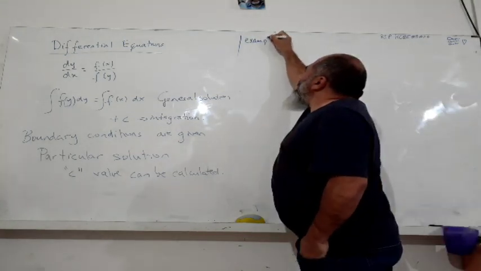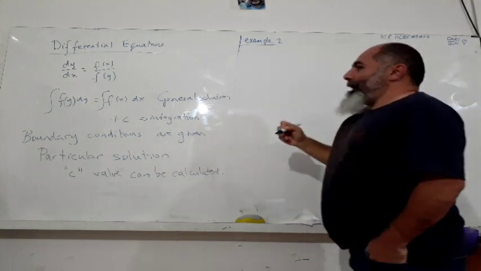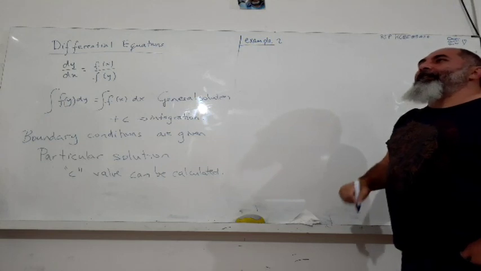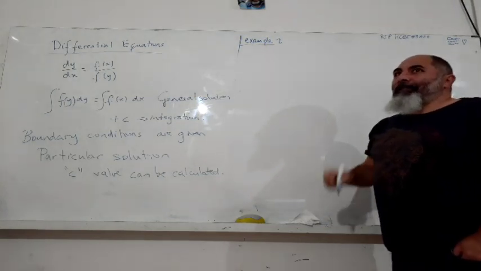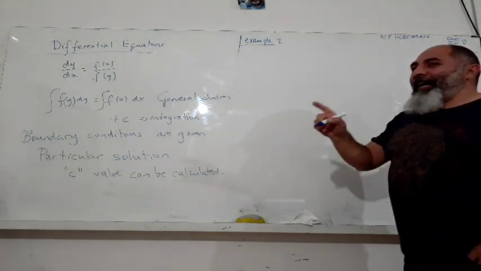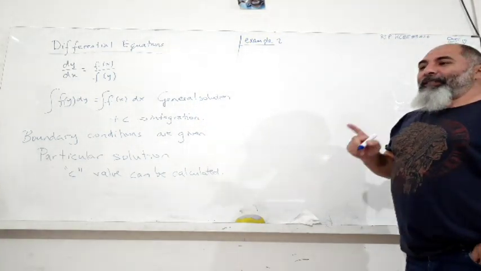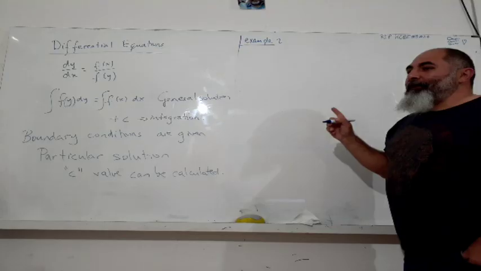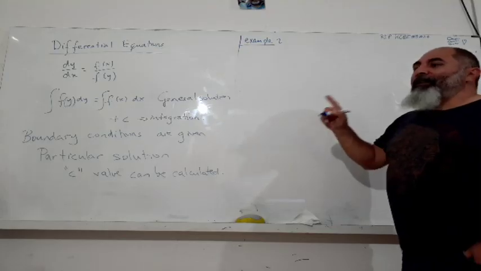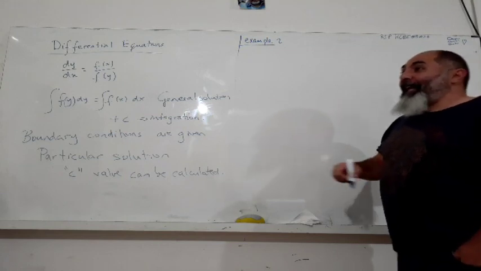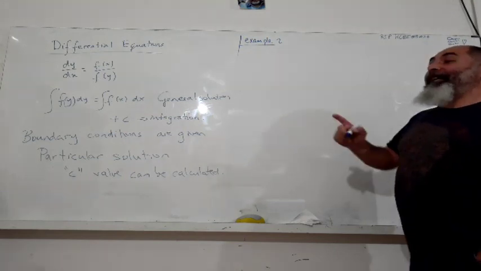Instead of the integration constant c, we are going to have ln k, because in the answer, you are going to see that all the solutions are going to be in the form of ln. And if all the answers are in ln, instead of c, we put ln k. Let's have such an example.